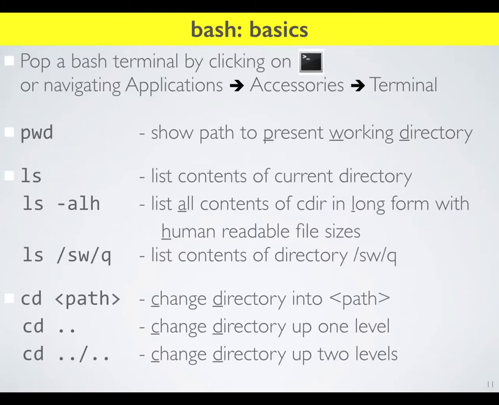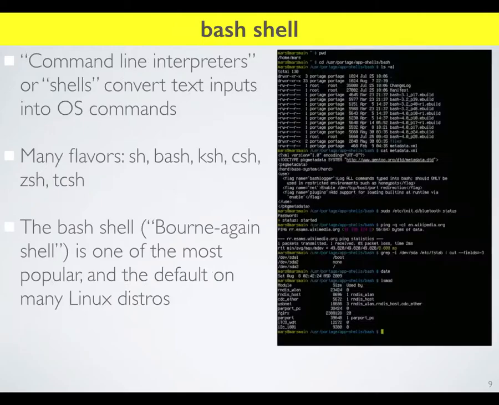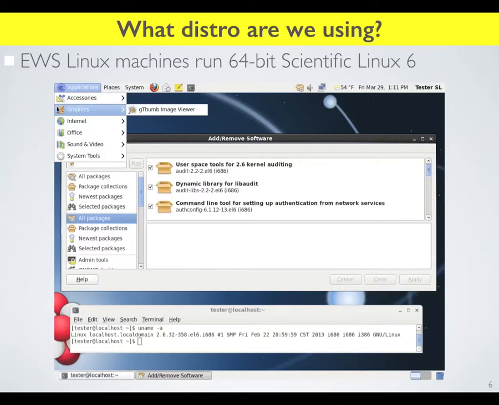Okay, so let's open up a Bash terminal on our Linux workstations. I'm going to go back a couple slides just for a second to the screenshot I had. Up at the top there, you'll see a little icon. This guy right here is a shortcut to opening up a Bash shell. You can also get to this by going to the Applications menu, System Tools, and in here I think it's called Terminal.